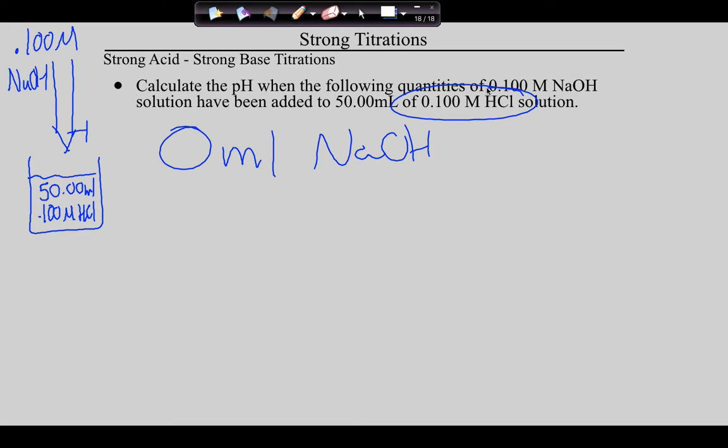If we have not added any base to the acid, how do we find the pH of a 0.1 molar HCl solution? Take the negative log of 0.1, right? Because the entire sample of HCl breaks into protons and chlorides. That's what makes it a strong acid. And so consequently, the pH, before we add any base, is just the negative log of 0.1, and that would be 1. You guys good on that?